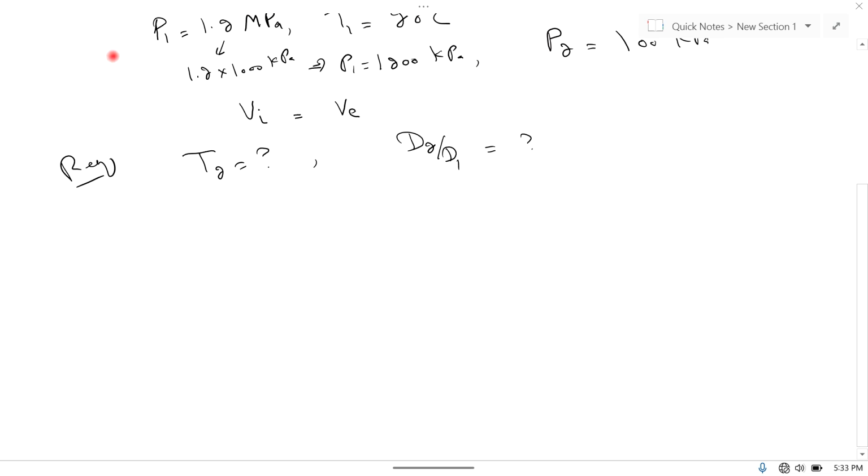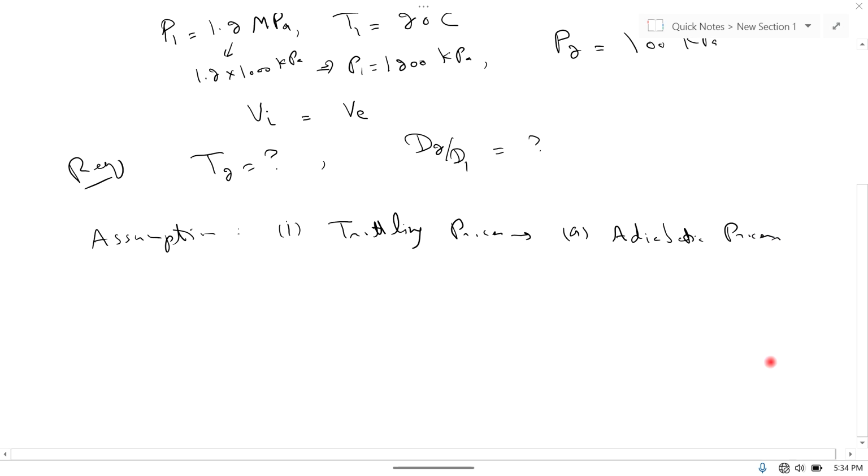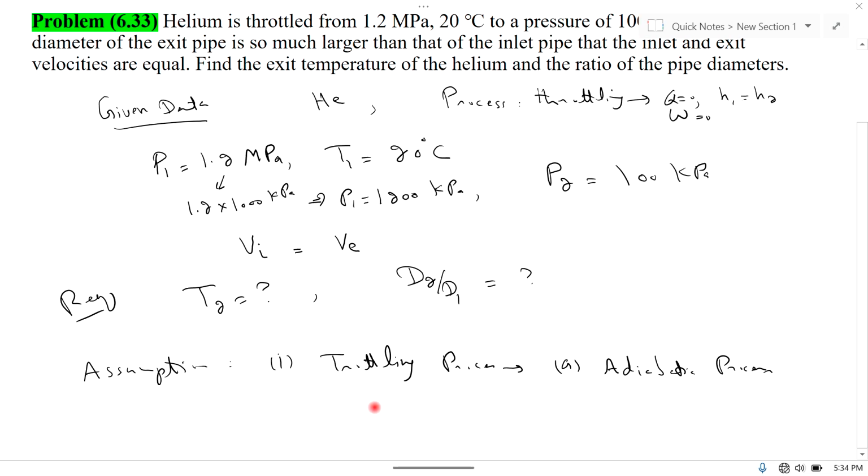So we start the solution. There are some assumptions before the solution. We know that the process is a throttling process. So in a throttling process, we assume that this is an adiabatic process. Adiabatic process means that no heat is lost or gained by the system. So Q is equal to 0.